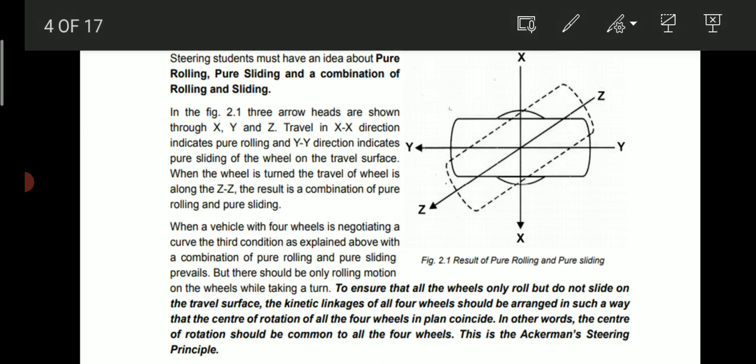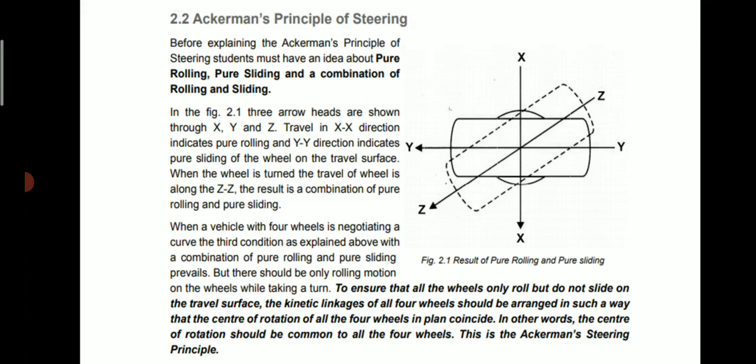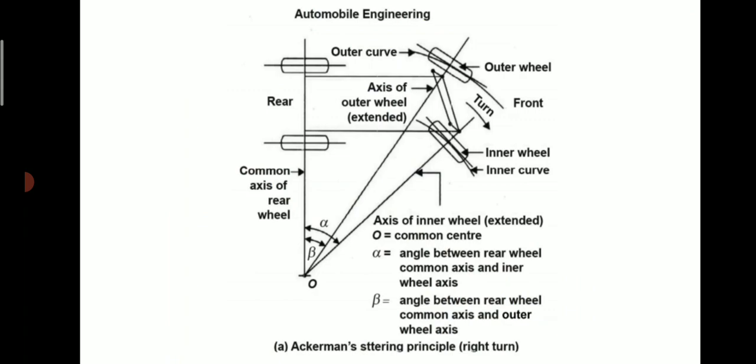So in the next figure you will see the center of rotation of all four wheels. This figure indicates Ackermann's steering principle, with the point O being the common center of rotation. You will see the rear wheels and their common axis.